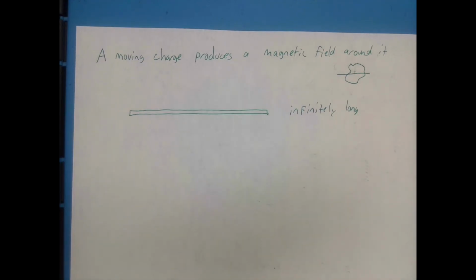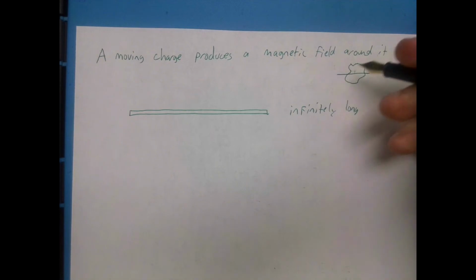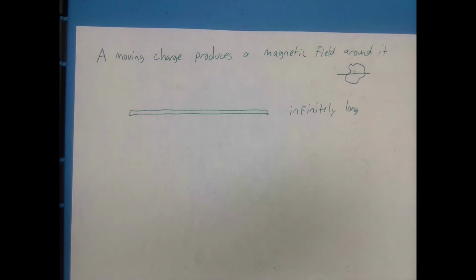For this class, we don't have to concern ourselves. We'll use perfect circles. Perfect circles is good enough for this class. But the correct law is way more generic because you can do any loop.